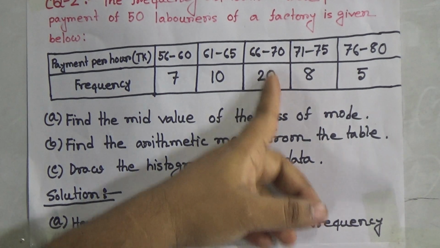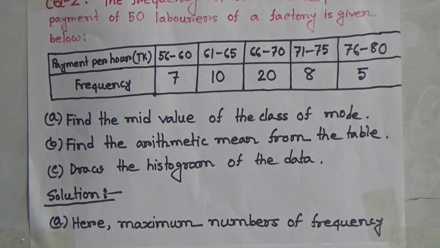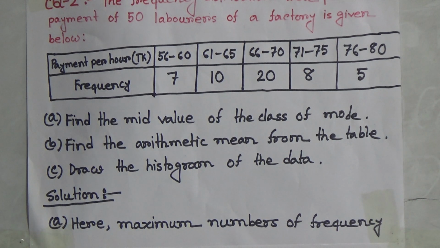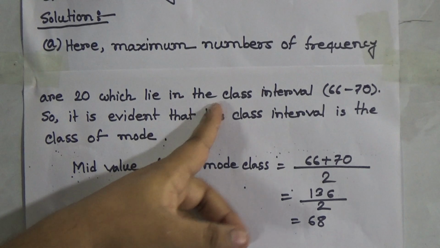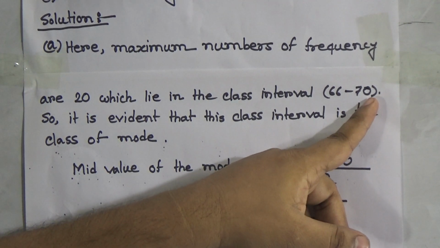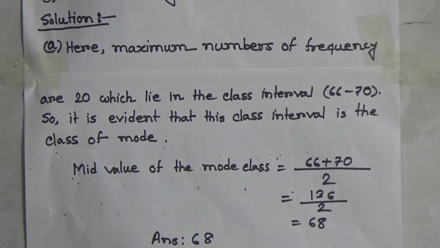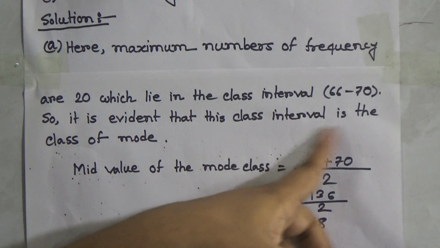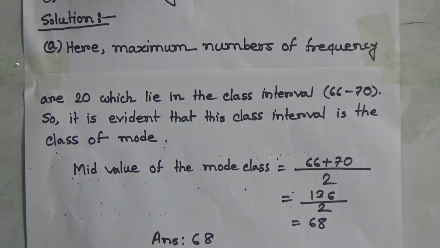So we can say this class interval is the mode class interval. The maximum frequency is 20, which lies in the class interval 66 to 70, and this is the mode class. So it is evident that this class interval is the class of mode.